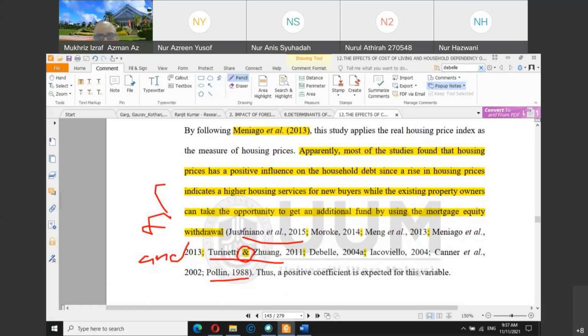In this one particular paragraph in thesis number 12, on page 145, you can see three different types of citation: one with et al., one with two authors, and the other with only one author. Et al. with the dot, comma, and the year. With two authors, use the symbol A and the short form for N. And also for one author.